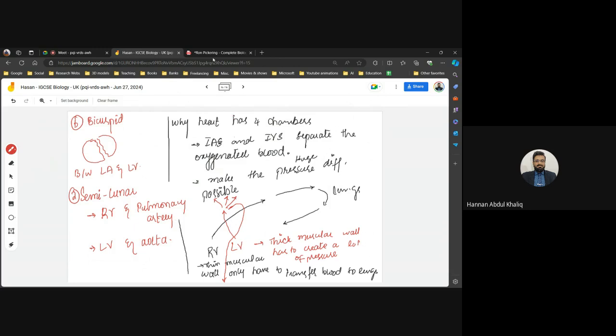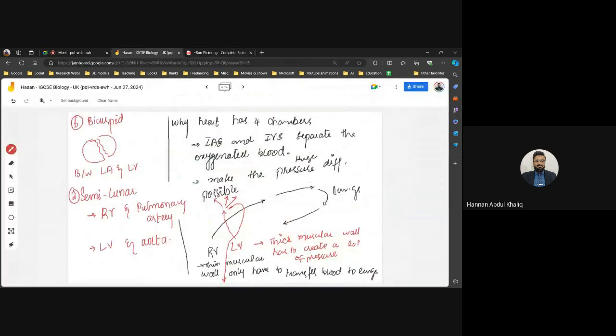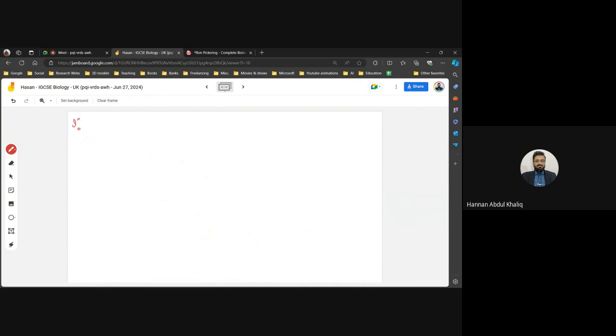If the lower chamber was one, then it would be very dangerous. Let me tell you how. The problem is the pressure.